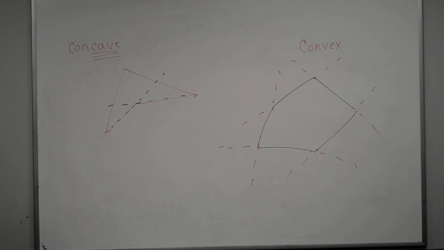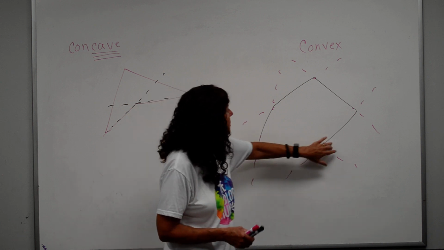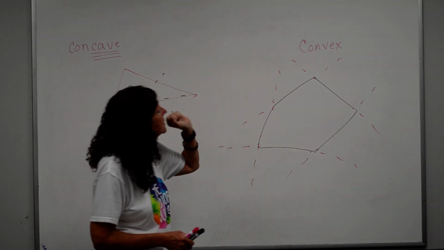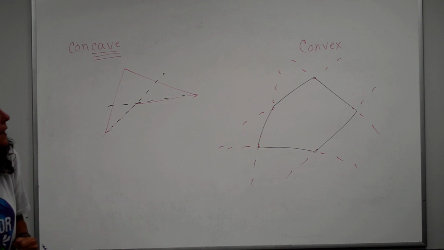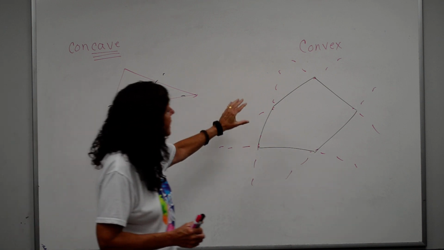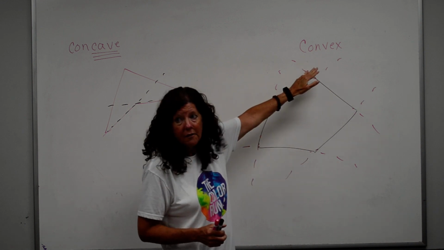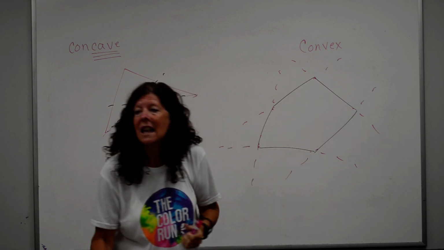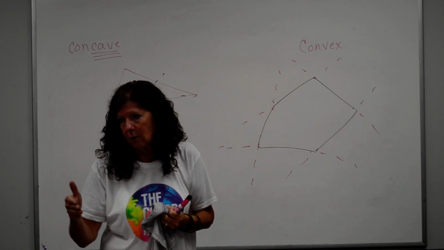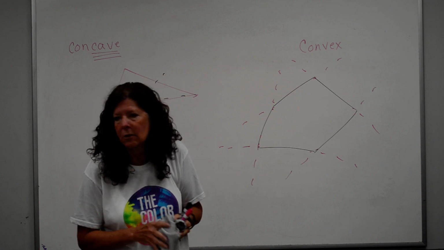So if they ask you to identify it, you can go 1, 2, 3, 4, 5. Oh, this is a convex polygon that is a pentagon. If all of these sides have the same measurement and it's convex, then it's called a regular polygon. Regular meaning the sides are the same, the angles are the same.